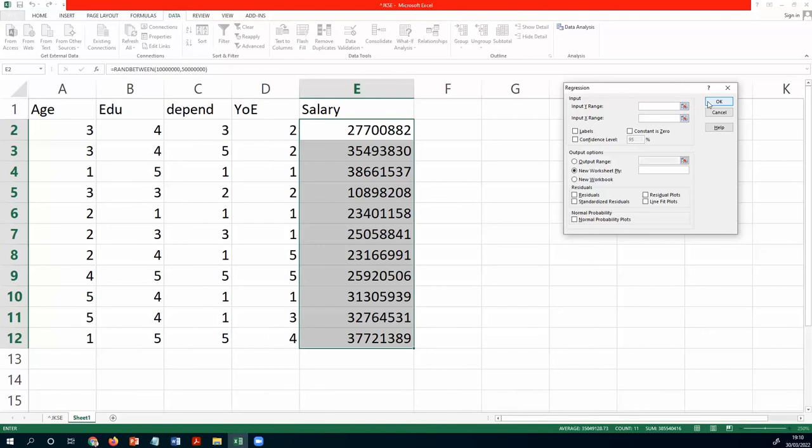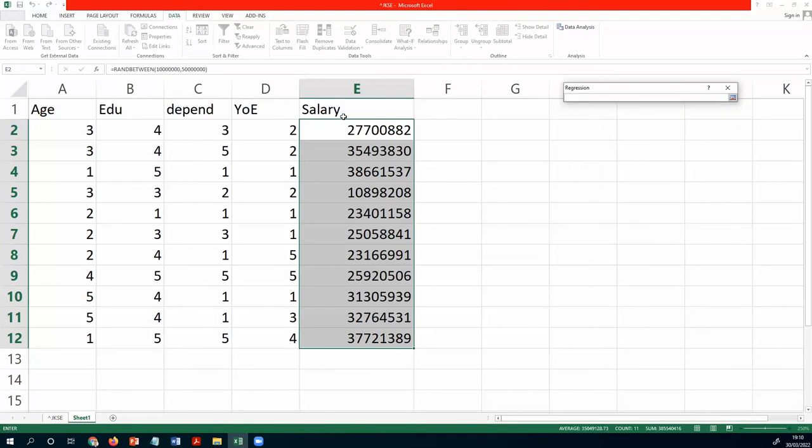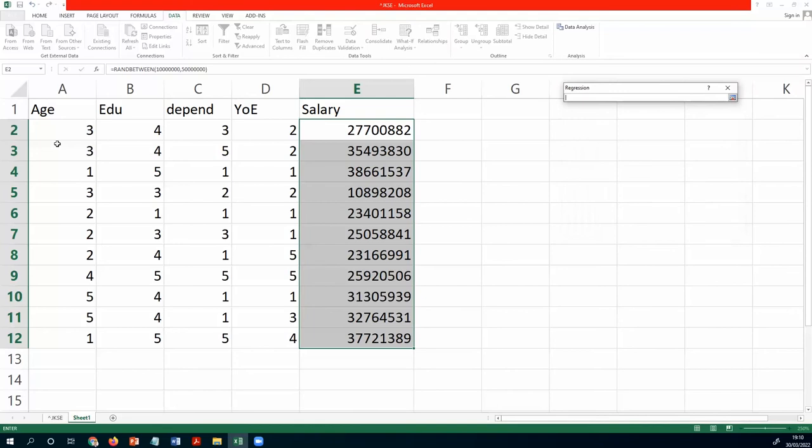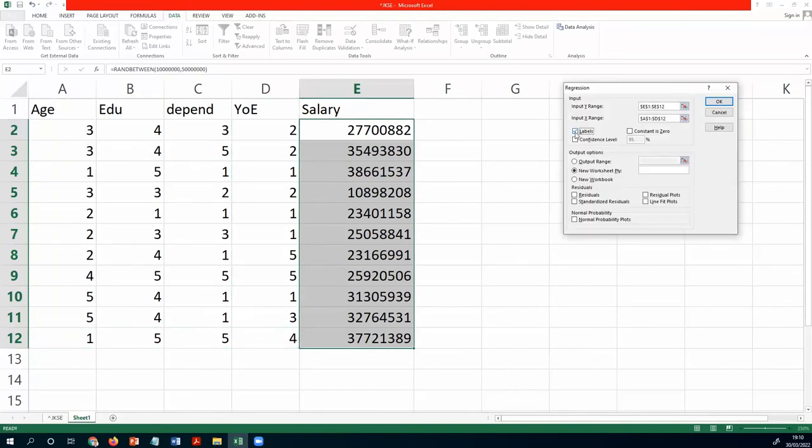This one is the Y range. This one is the X range. And then you put the label because you have a label here. And then you have the output beside it.